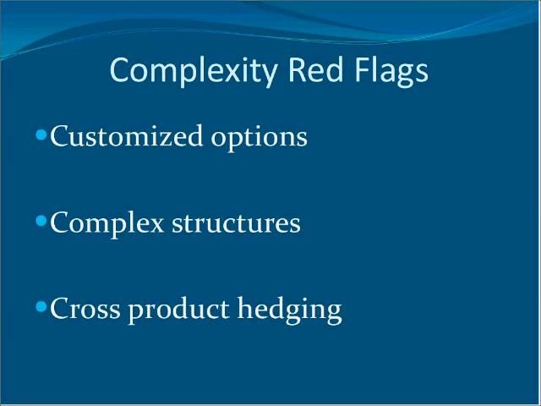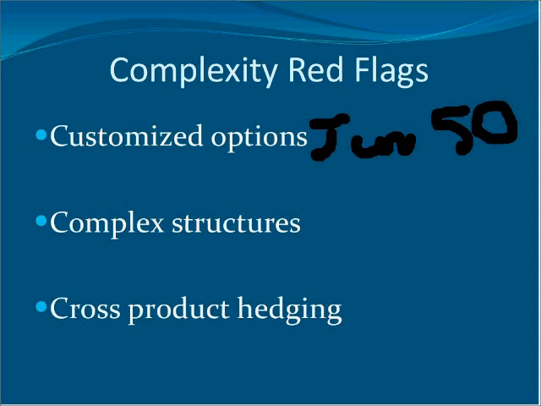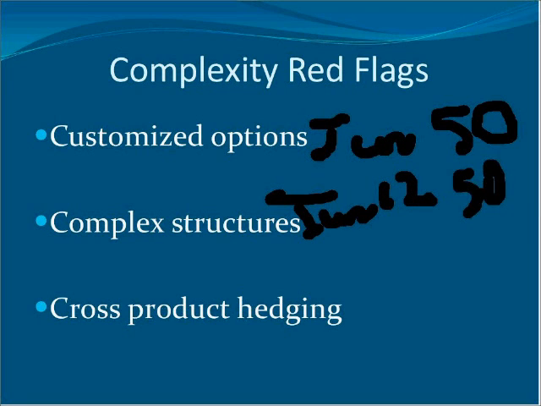So customized options, and by that I mean instead of trading a June 50 call, which expires the third week of June at $50, somebody says they want to trade a June 12th call struck at 50.27. Sorry about my messy handwriting.